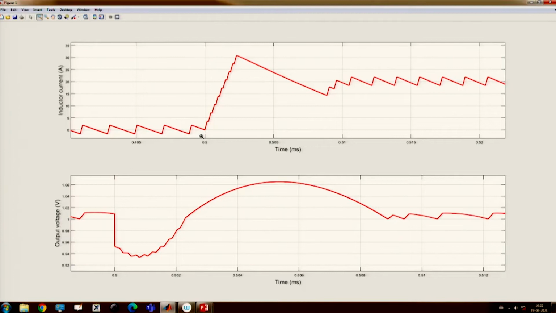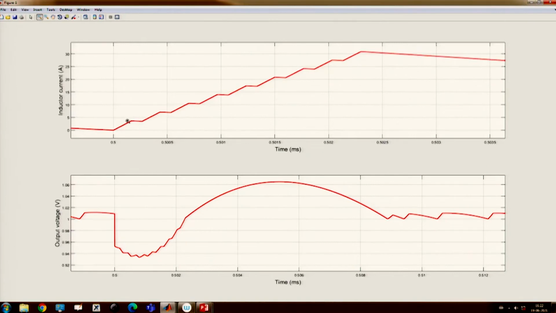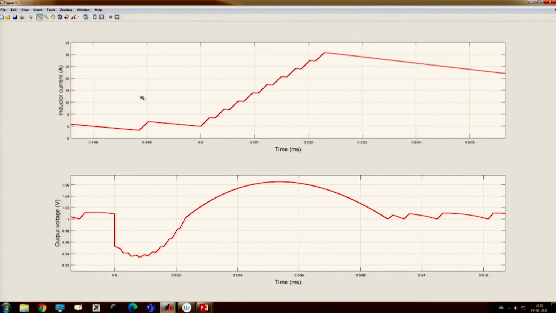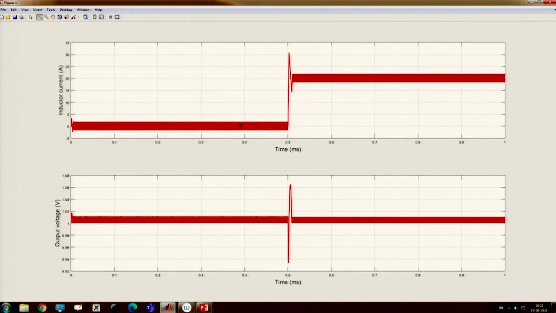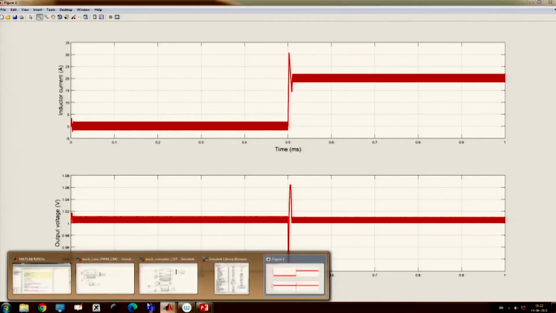At this time we have enabled the load transient, and since there is a minimum off time, this is a constant on-time control. That is why after a certain duration it is getting turned off, and that is slowing down the process. So, we can improve this transient performance.